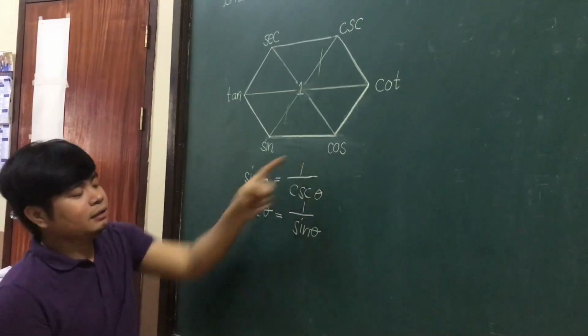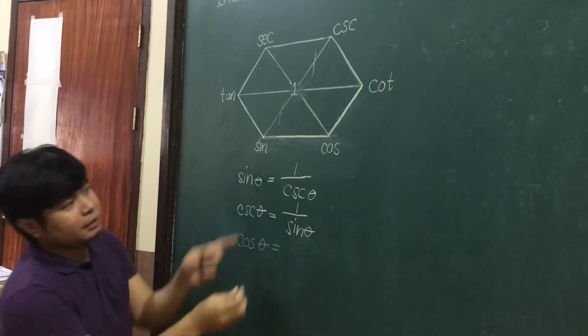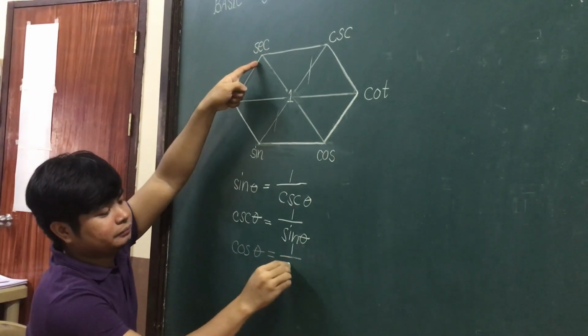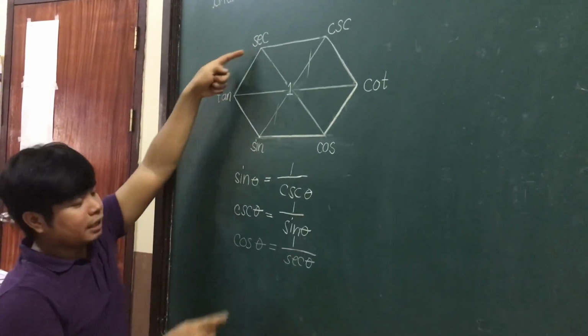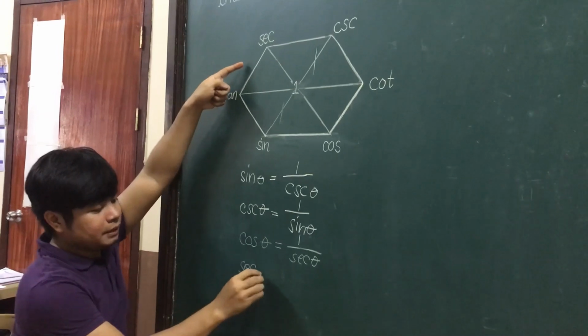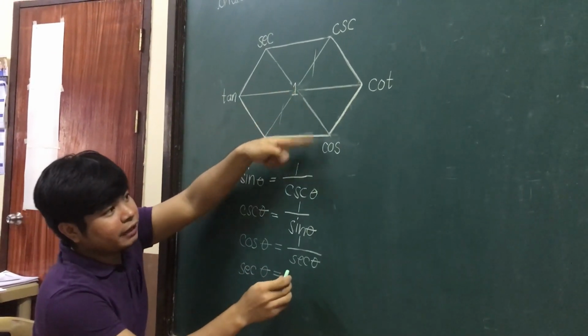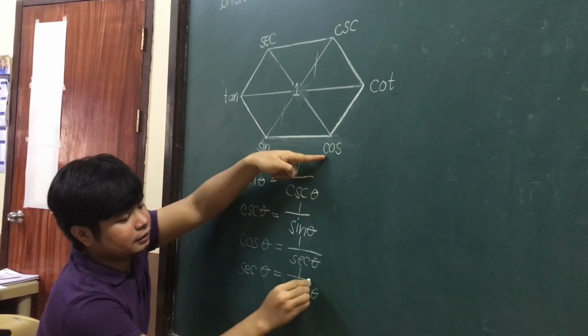So for cosine theta, it will now be 1 divided by secant theta. And secant theta will also be equal to 1 divided by cosine theta.